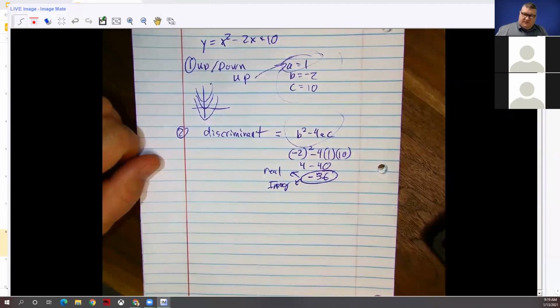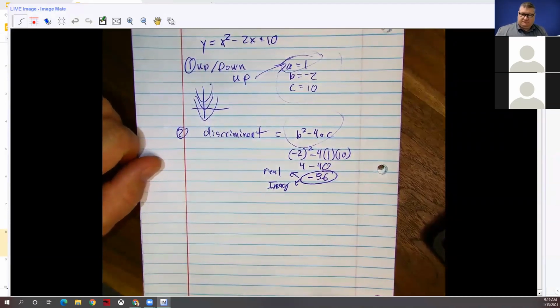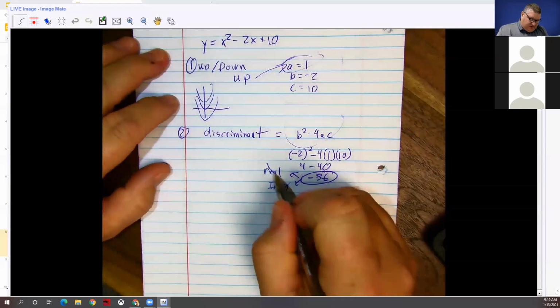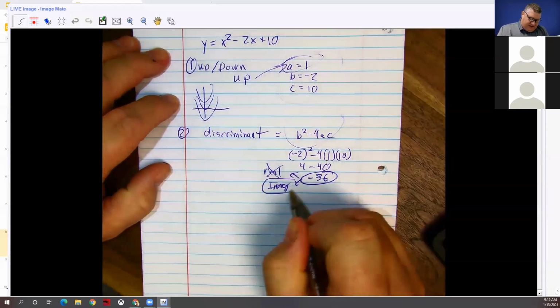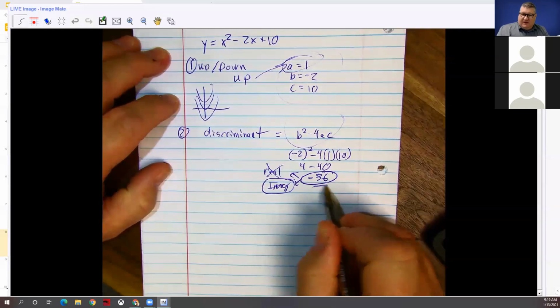How do I know, folks? Somebody besides Caitlin, Connor, is it real or imaginary? If you don't know, put I don't know. It is not real. It's a good guess, but it's not real, and here's why: this number is negative.